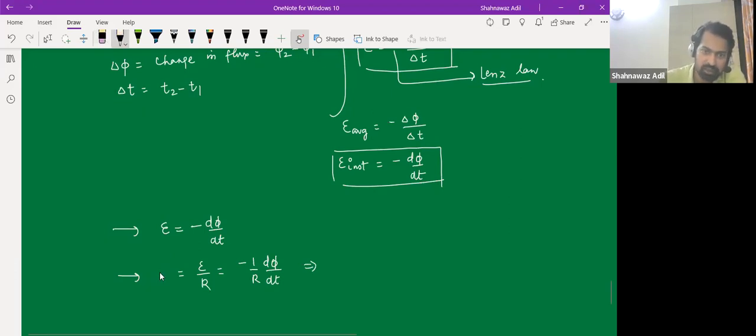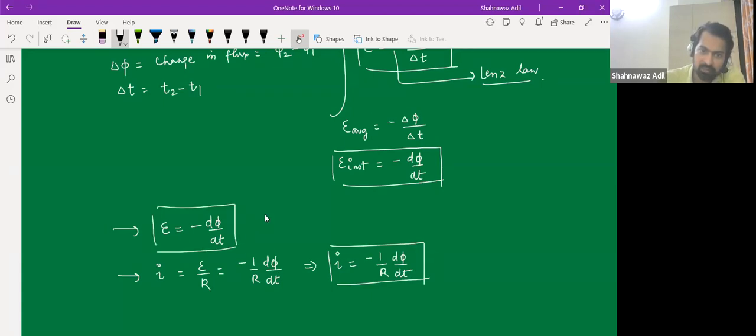So induced current is minus 1 by R d phi by dt. This is the induced EMF, or induced voltage, and this is the induced current.